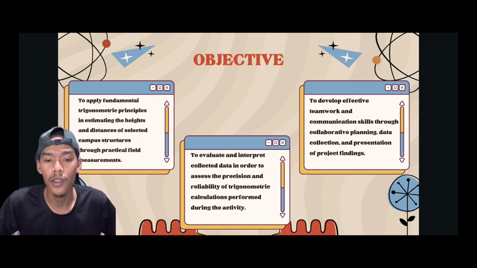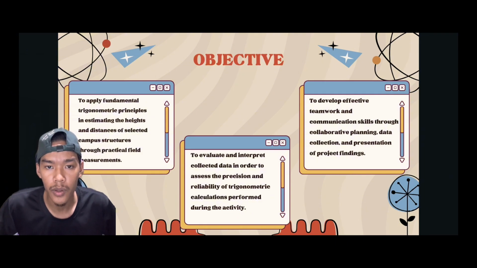The next is to evaluate and interpret collected data in order to assess the precision and reliability of trigonometry calculations. And the third is to develop effective teamwork and communication skills. Okay, I will pass the next slide to Harith.